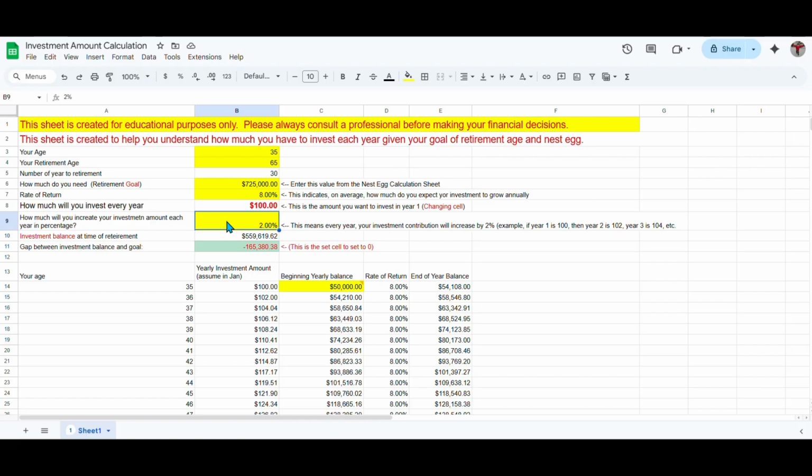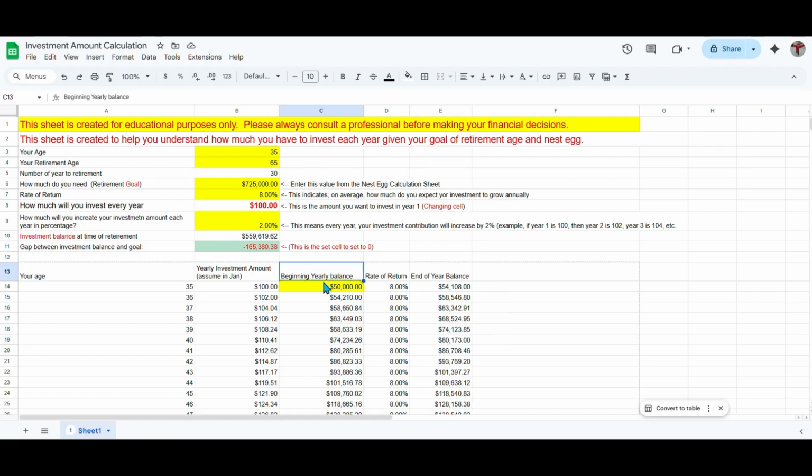The next yellow box is how much will you increase your investment amount each year in percentage? I put 2% here. So what does that mean? That means if I put 2%, year 1, I will invest $100. Year 2, I will invest 102, 104, 106, and so on and so forth, so that it keeps going up.